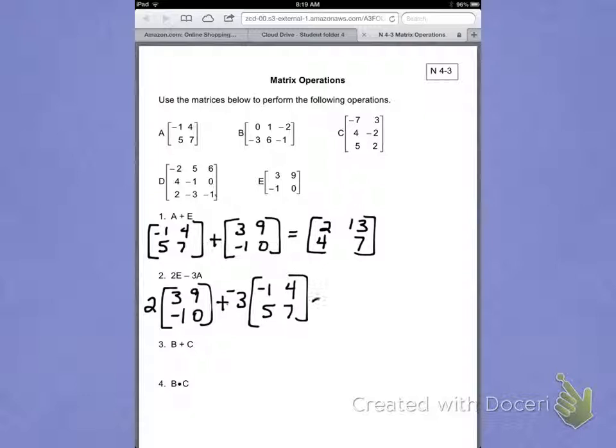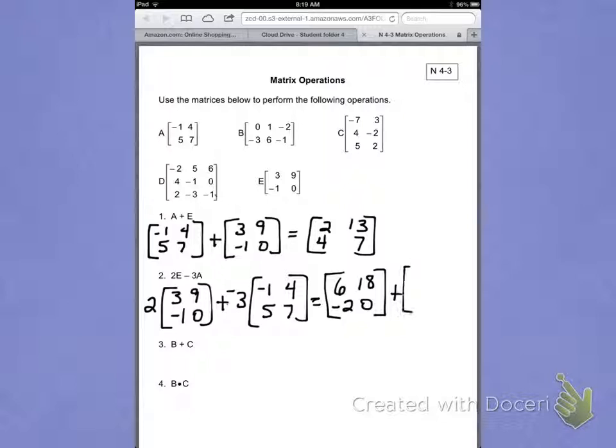Okay. And then that gives us 2 matrices we're going to have to add together. So 2 times E is going to be 2 times 3 or 6. 2 times 9 is 18. 2 times -1 is -2. And 2 times 0 is 0. That's my 2 times E.